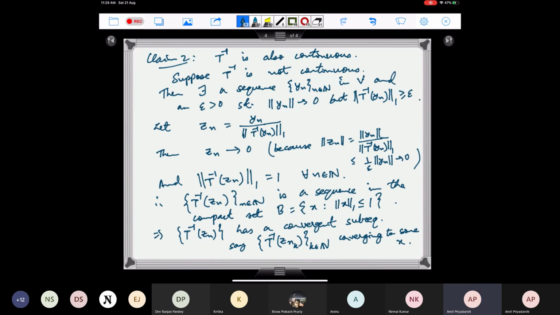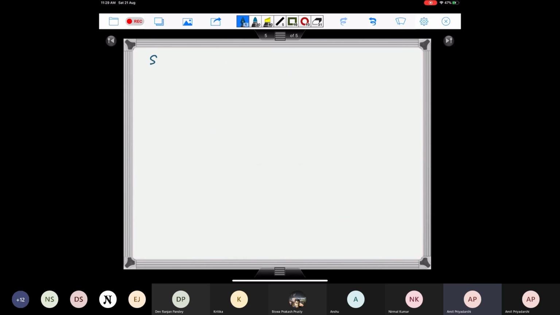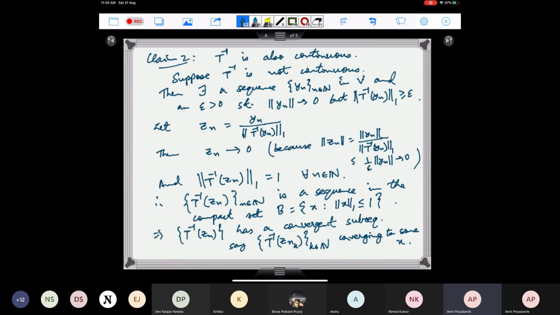So T inverse znk converges to x. We know that the norm of T inverse znk is equal to 1 for all k, so norm of x 1 is also equal to 1. So x is a unit vector and T inverse znk converges to x.